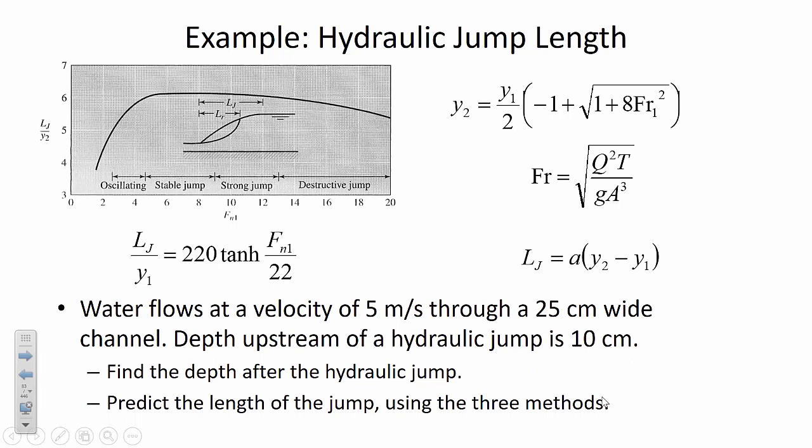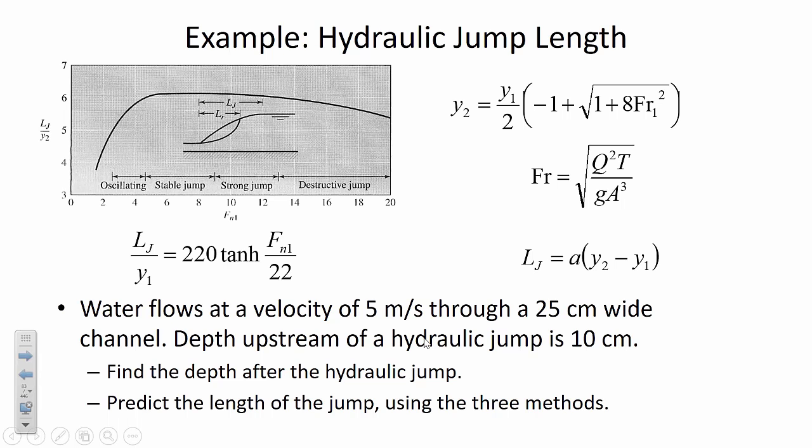All right, so to get some practice doing those calculations before we get down to the lab, why don't you calculate the hydraulic jump length for the following scenario. What we know is the water going through the channel at a known velocity and a known width, and we know the depth upstream of the hydraulic jump.